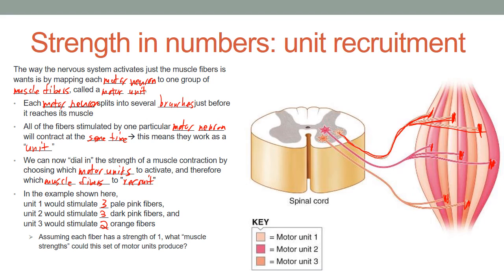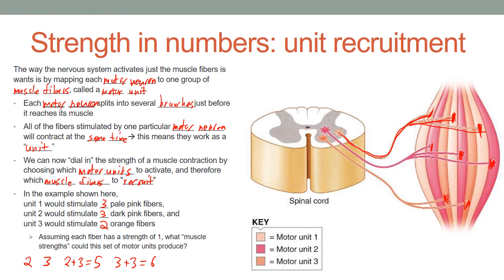Well, the lowest strength we could dial in would be a 2. We could just activate unit 3. If we activated either unit 1 or 2, we would get a strength of 3. If we activated units 1 and 3 or 2 and 3, we could get 2 plus 3 equals 5. We could also stimulate units 1 and 2 at the same time, so 3 plus 3 equals 6.